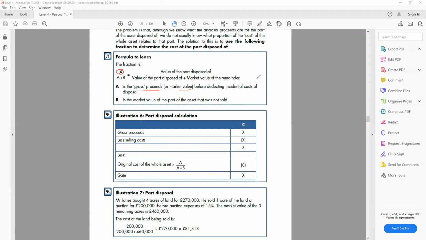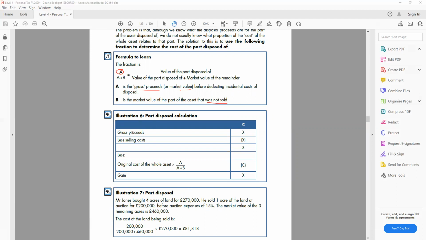So if there are any incidental expenses, they will not be allowed to be considered here for the part disposal question. A will be the gross proceeds, how much you sold it for, or the market value before deducting incidental cost of disposal. B is the market value of the part of the asset that is not sold. That means the remaining part of the asset. How much is the value for that?